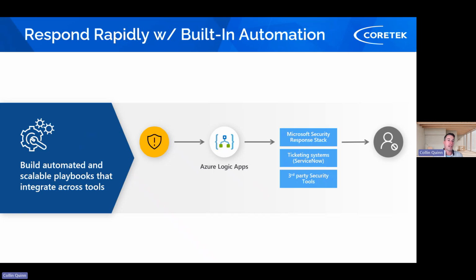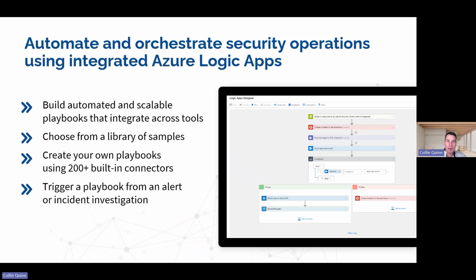So we always recommend having a human somewhere in the loop, whether it's to review an action and determine if there's any further action or if the action was relevant. Maybe sometimes you want to roll back that action after something's fully mitigated. But being able to put this within an actionable workflow through the case management function of Sentinel is really important, and that's what these logic apps help you do.